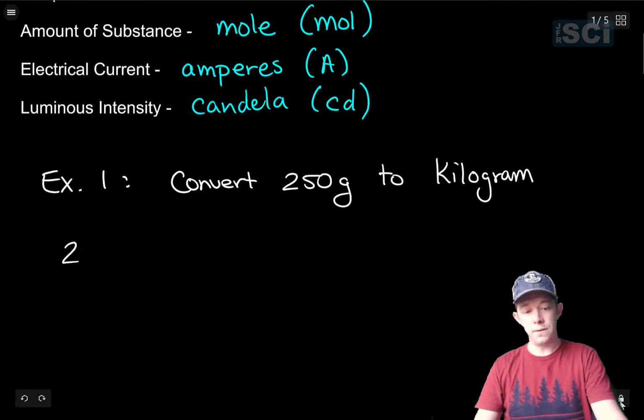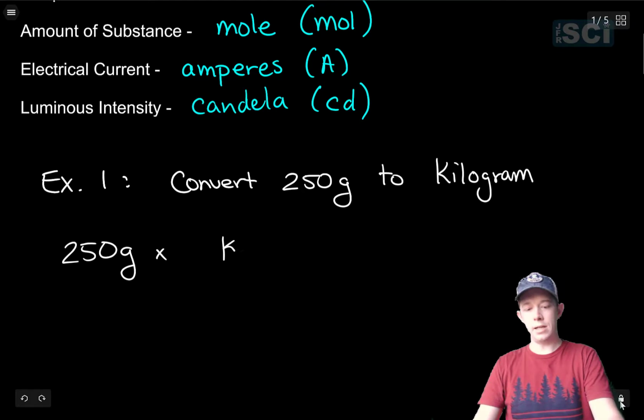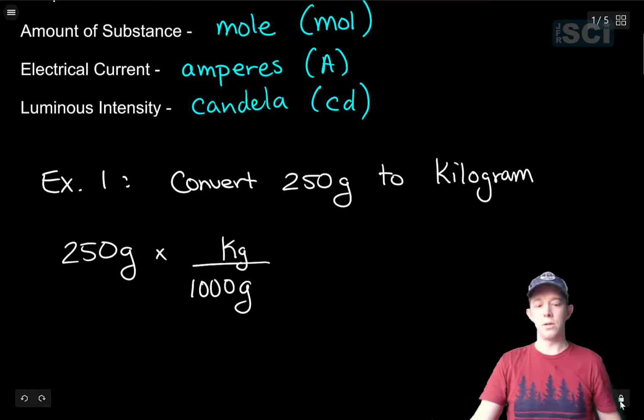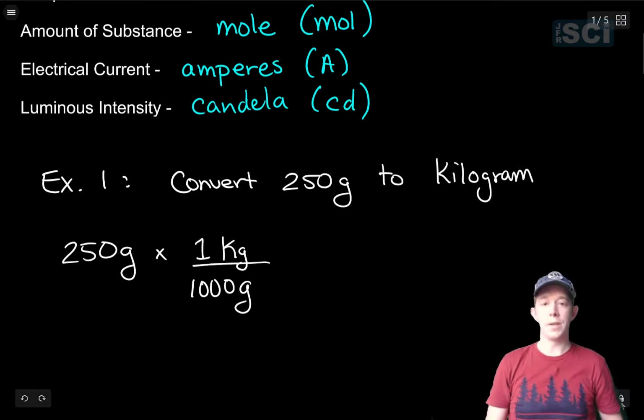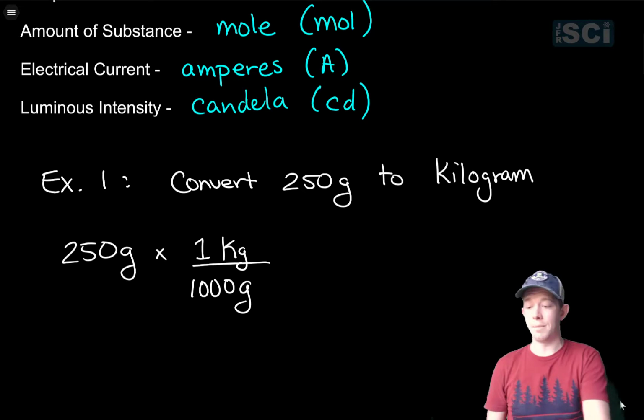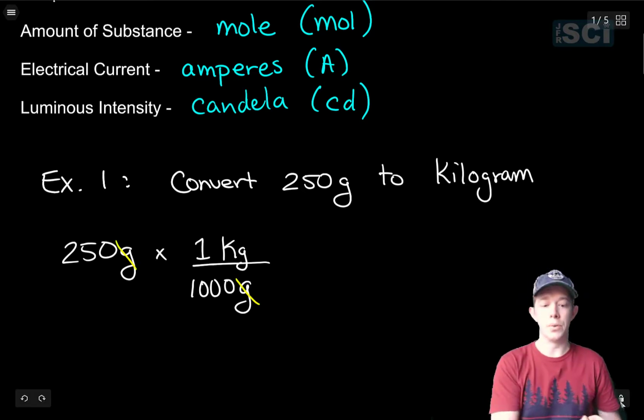So 250 grams. If we think about it, 1 gram, how do I convert that to kilograms? Well, I know a kilogram is 1,000 grams. Notice that I've set up a fraction here, and I've specifically set it up so that my units for grams will divide to 1.